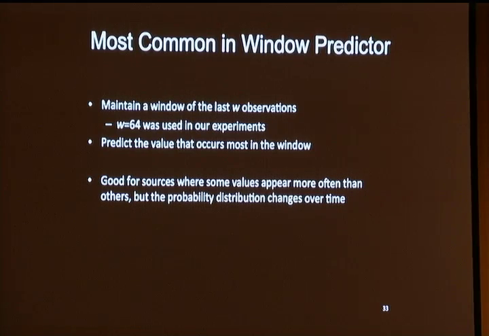W is selected as 64 in our experiment. It's good for sources when some of the values appear more frequently than others, but the probability distribution changes over time.